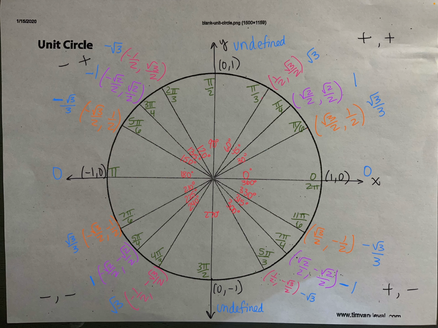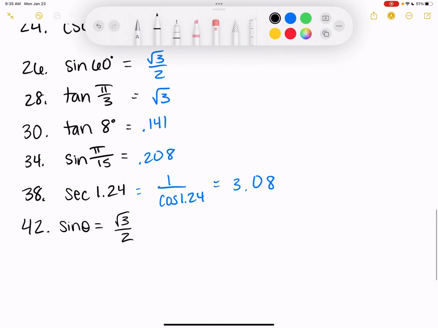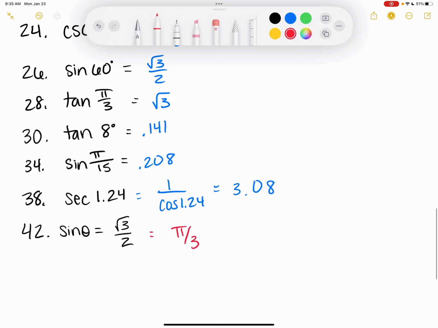So again, the reason I pointed out acute is because it also occurs at 2 pi over 3 or at 120 degrees. But that's not an acute angle, so I want the pi over 3 one. So it's pi over 3 and 60 degrees. It wants you to write both. So pi over 3, 60 degrees.